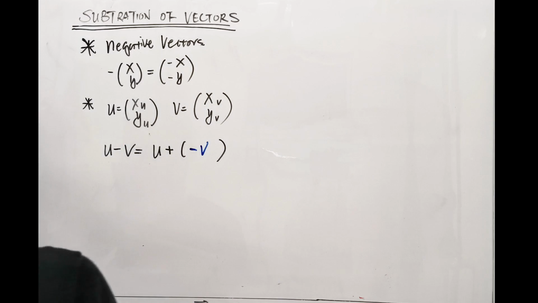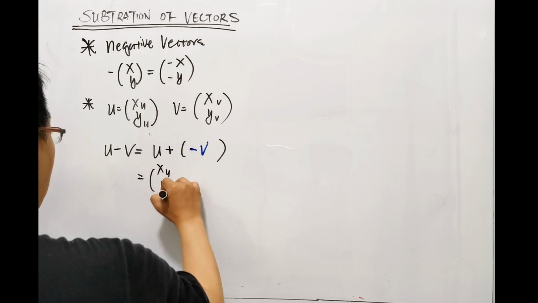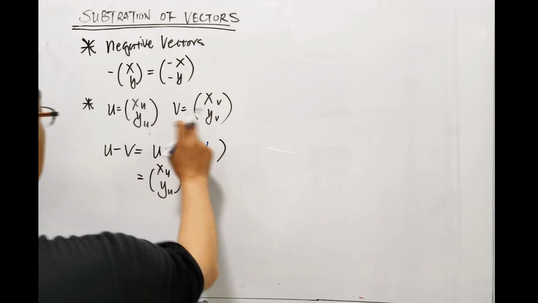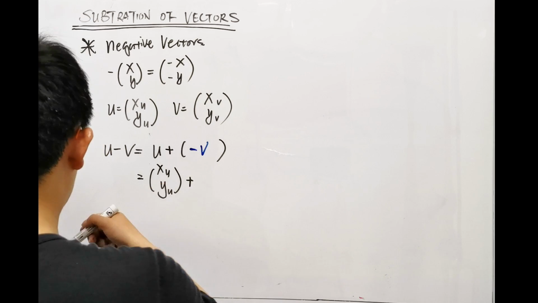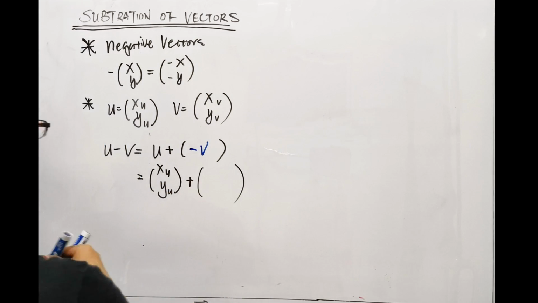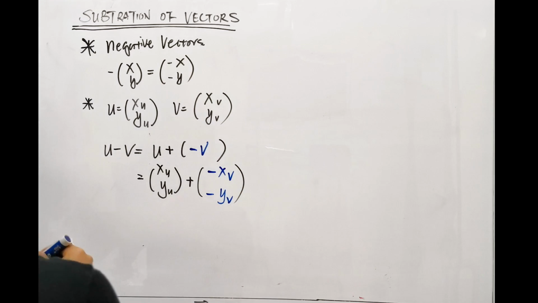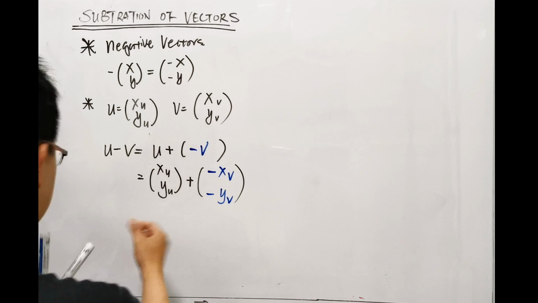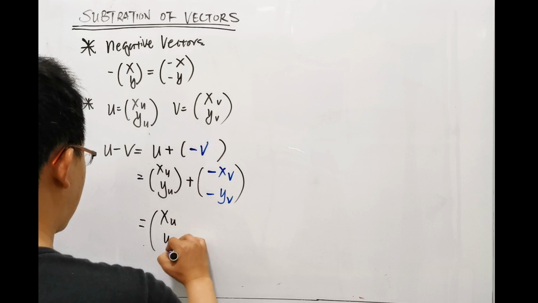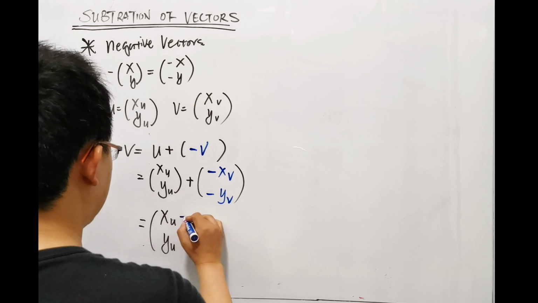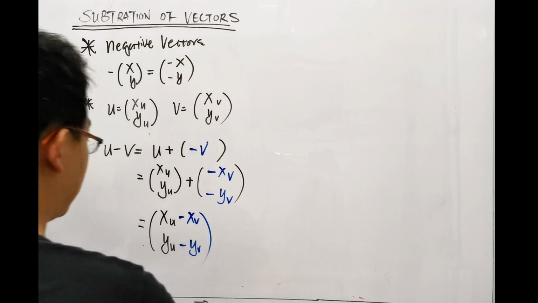So from here we know that u is xu, yu and plus, because we have this minus sign inside, we just apply to here, that is equals to minus xv and minus yv, right? So from here we can just put these two together. Then we have xu, yu and minus xv, minus yv. Okay, that's the answer we get, right?